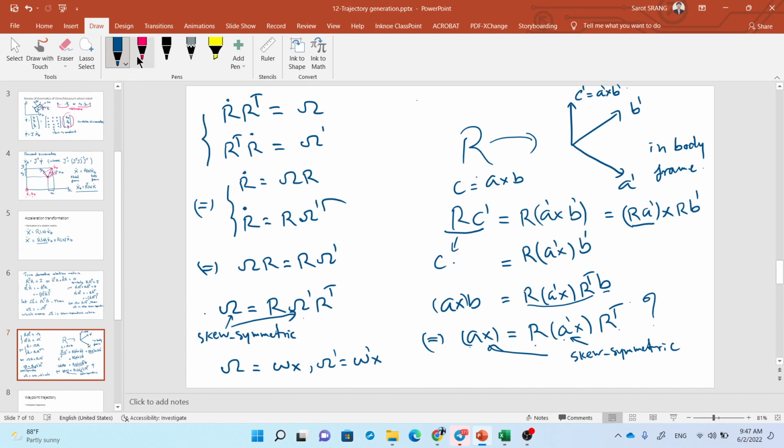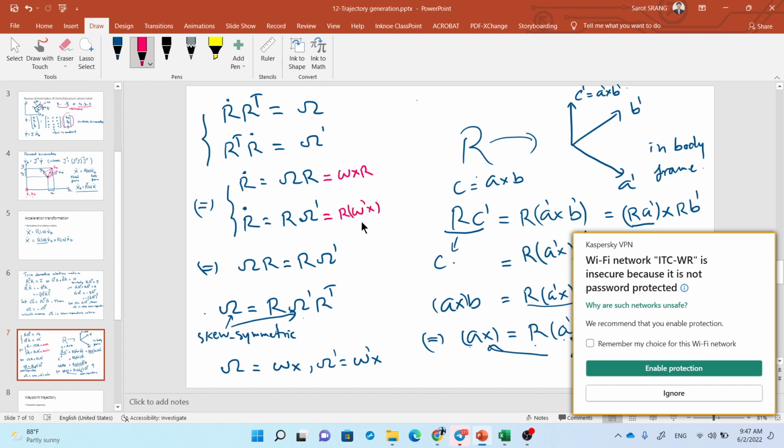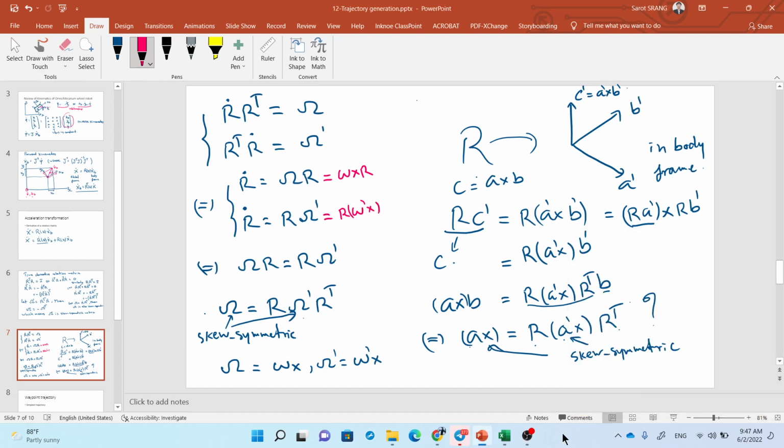We can have omega cross R, and this one actually R times omega prime cross. Okay, so this is the definition of time derivative of rotation matrix.